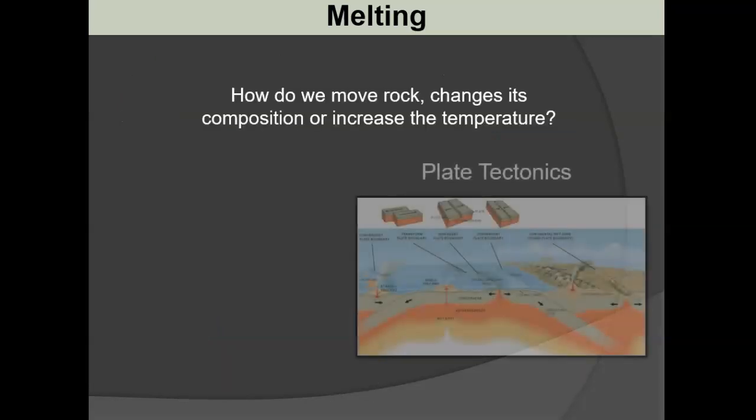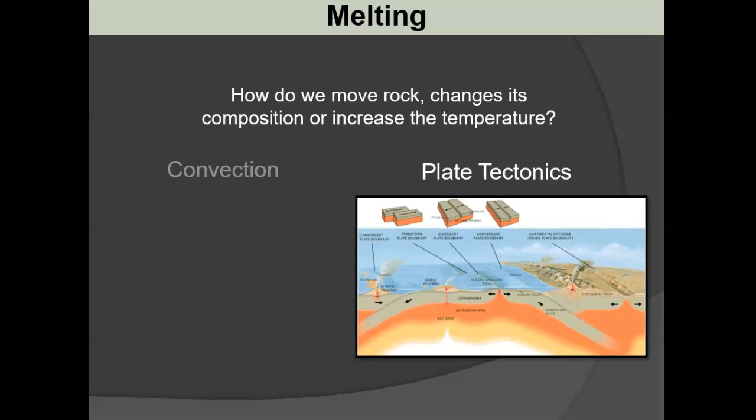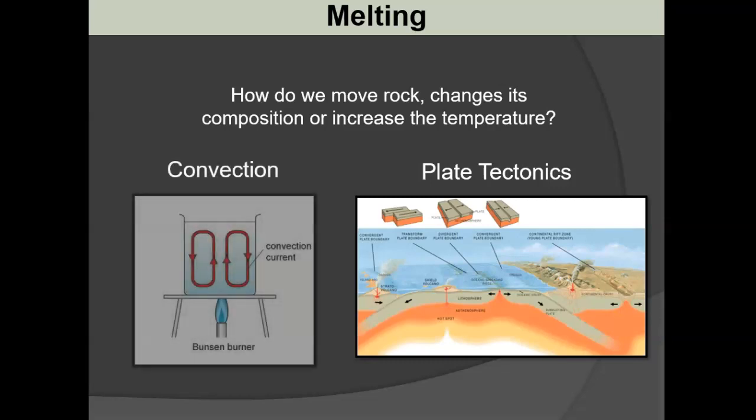Okay? So how do we move things around? Well, we know that there is convection occurring inside the mantle. That is this idea that material changes density as it gets hotter or colder. This little Bunsen burner example here is that when you put water on a stove, let's say, you start to get what are called convection currents.